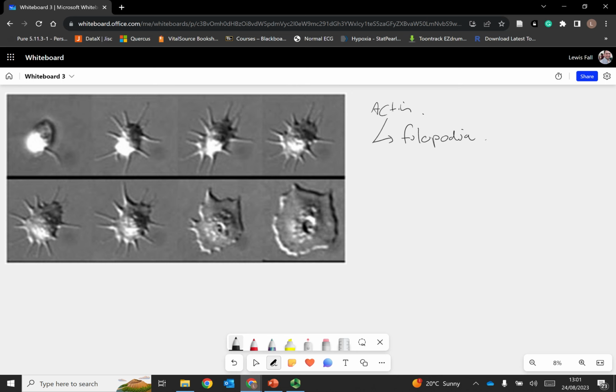What are they? They are extensions. If you think about it, this platelet squeezes itself into a sphere, and then it pushes out these actin filopodia, that I'm outlining now, and then in behind it, the platelet continues to change shape.